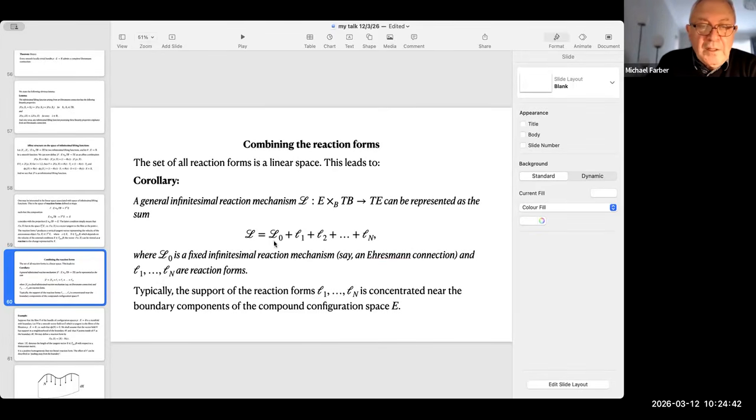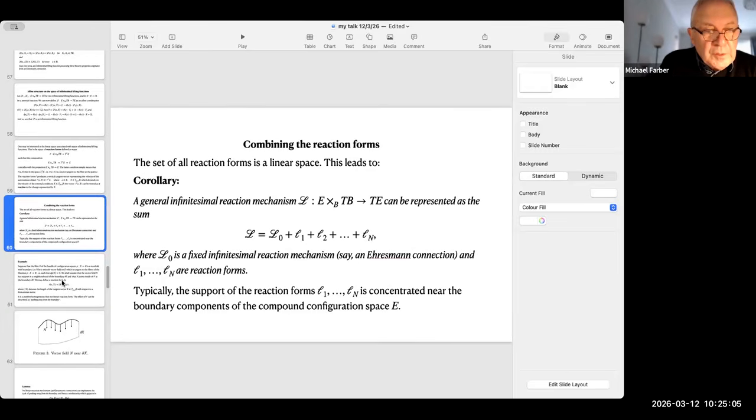You can choose one Ehresmann connection, L0, plus some reaction forms, and the total will be an infinitesimal reaction mechanism. And typically, these forms are concentrated near the boundary components of the configuration space.